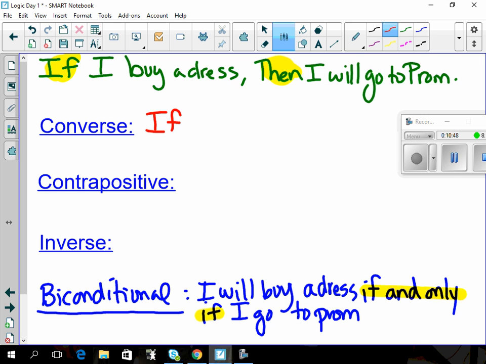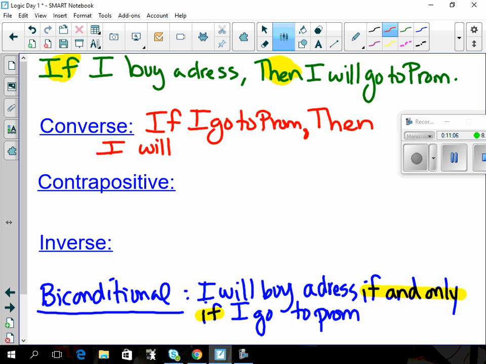If I go to prom, because you've got to switch it around. So if I go to prom, then I bought a dress. Is that true, Patrick? No, not for you, right? So the truth value would be false. That's okay. Any questions so far?